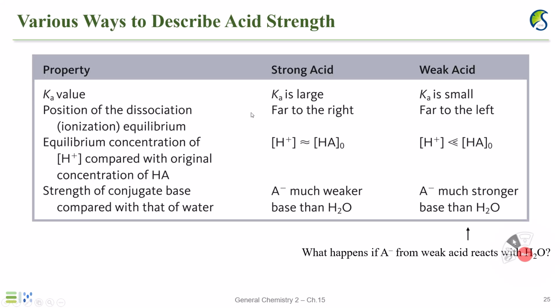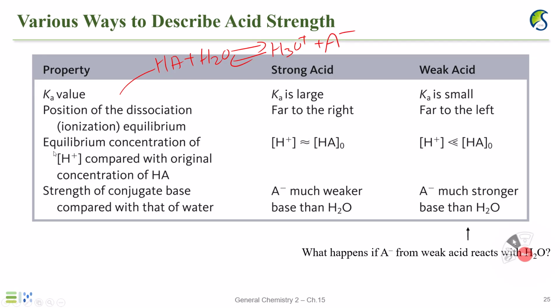And there are various ways to describe the strength of acid. So you can describe the strength based on the Ka value. If Ka is high, the acid is stronger. And you also can describe it from the position of chemical equilibrium from this equation.